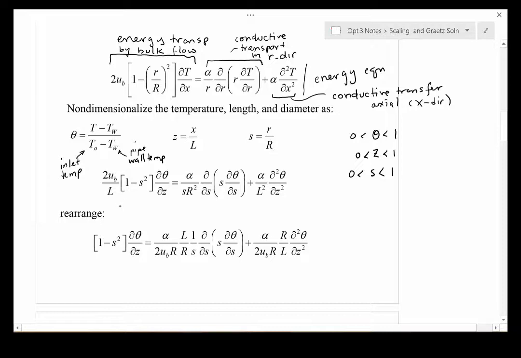You can easily show by substituting these parameters into the differential equation we have above that we get something that looks very similar but with coefficients.